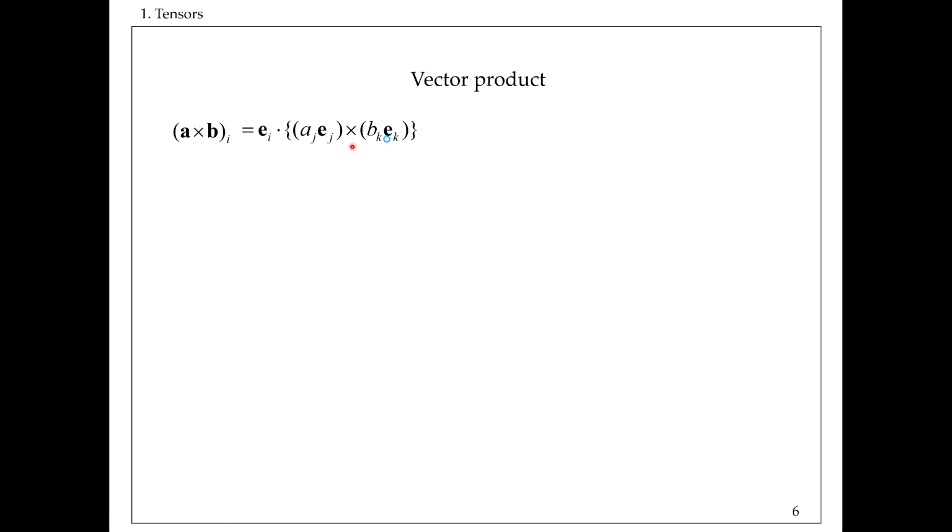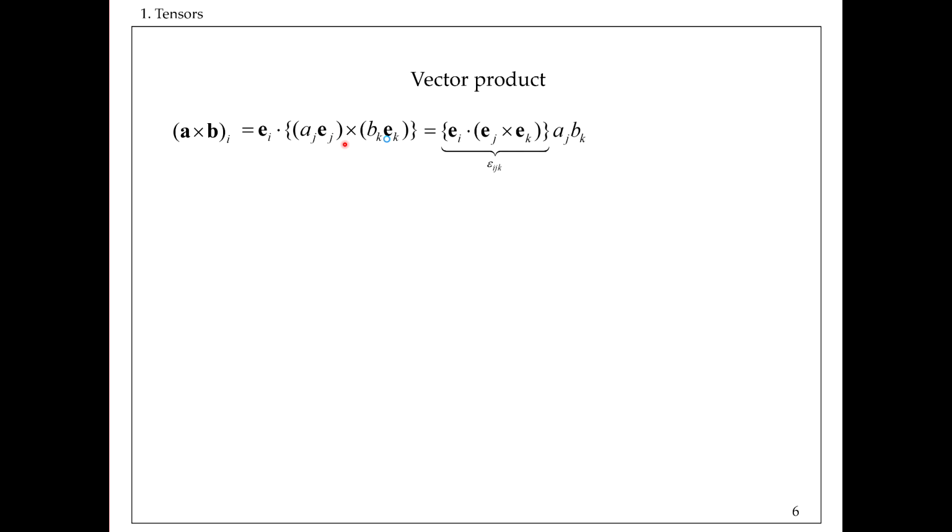So here what we need to briefly do is separate what we don't need to deal with and what still is important. So the scalars are a_j, b_k, so they're going outside, we don't need to deal with them at the moment, but with this dot and vector product we need to follow all these rules.